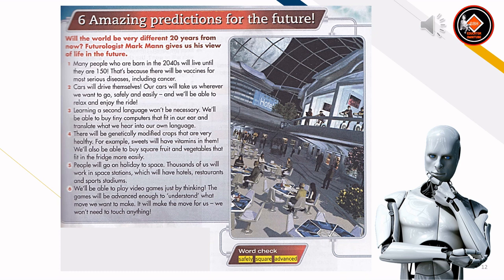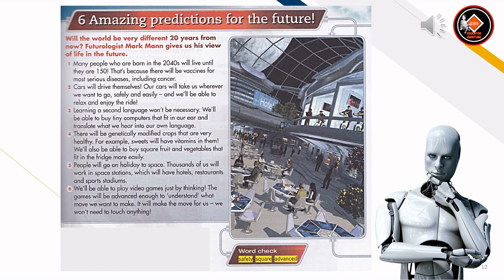Our cars will take us wherever we want to go, safely and easily, and we'll be able to relax and enjoy the ride. 3. Learning a second language won't be necessary. We'll be able to buy tiny computers that fit in our ear and translate what we hear into our own language.